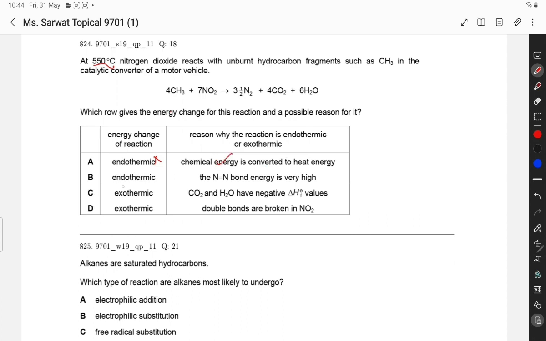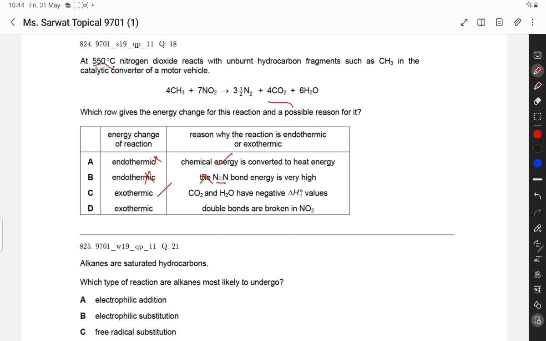Endothermic, nitrogen bond energy is very high. This is an endothermic reaction, bond energy is very high. So this is also incorrect. Exothermic, yes, this is correct.